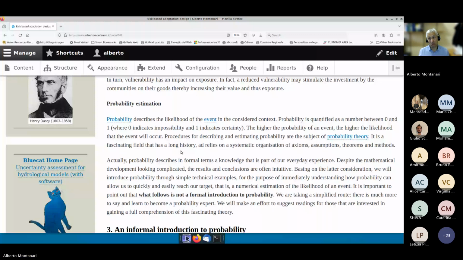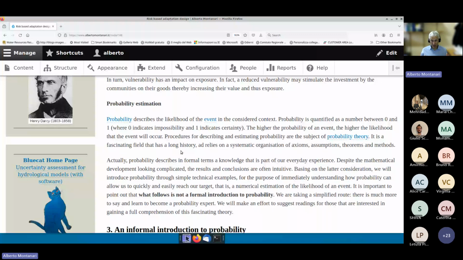And there are several procedures involved in the description and estimation of probability. Probability is governed by its theory, probability theory. Probability is part of statistics. What is statistics? Analysis of numbers.